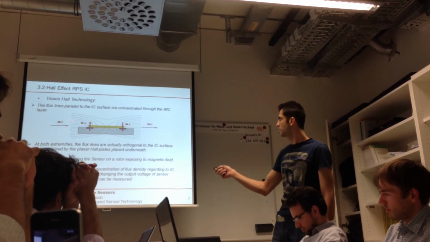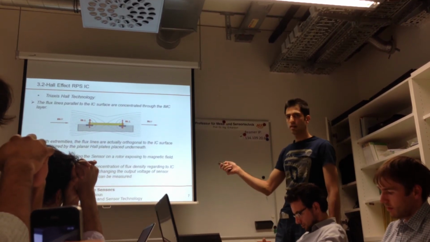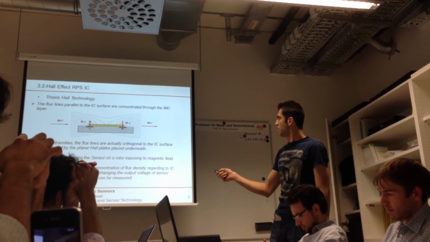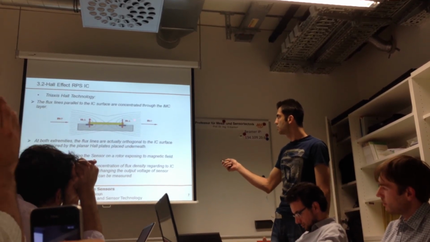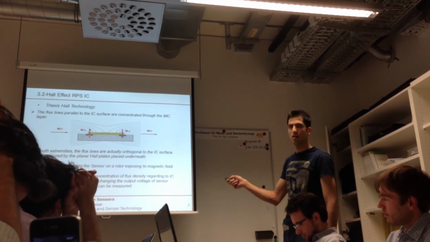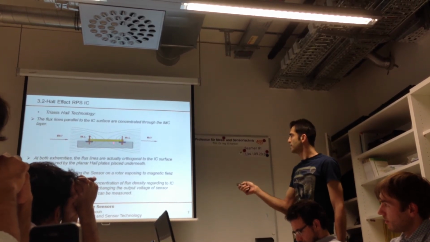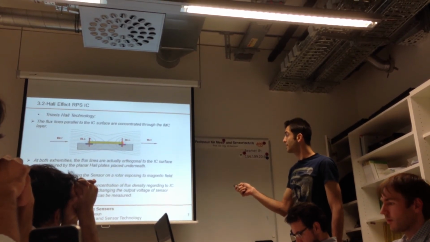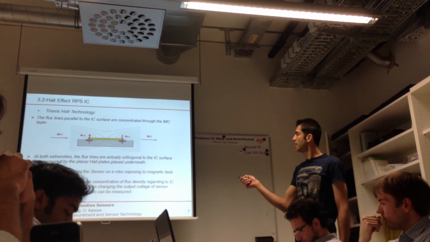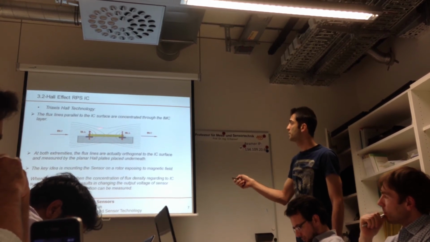As you can see, the concentration of the magnetic field here and here is different. If we change the position of the IC, according to that Hall formula, the concentration of the magnetic field exposed to the IC will change, the Hall voltage will change, and from there we can easily calculate the change of the position.